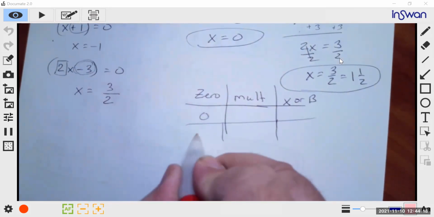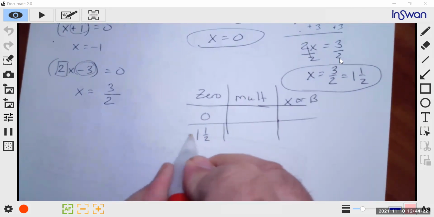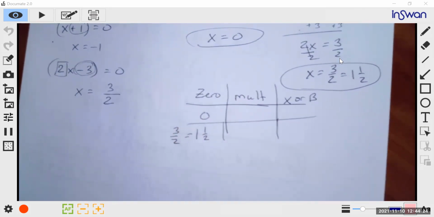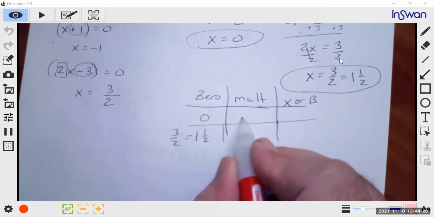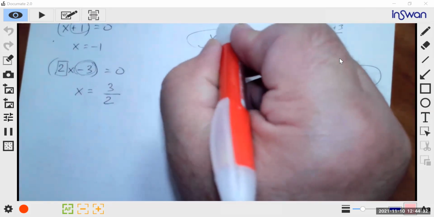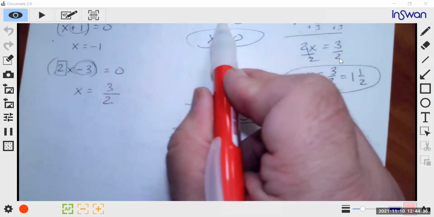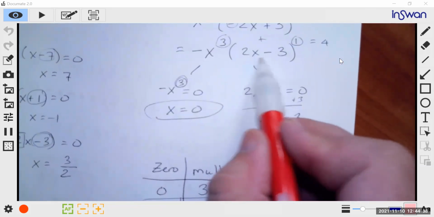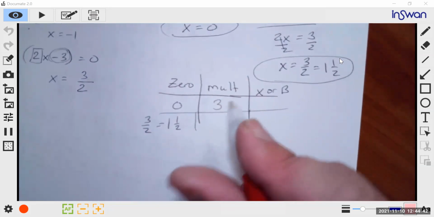So it's 0 and 1 1/2, or 3/2. What's the multiplicity of 0? Multiplicity is the exponent. How many times it occurs? That one's 3, and the 2x minus 3, it only occurs once. So its multiplicity is 1.